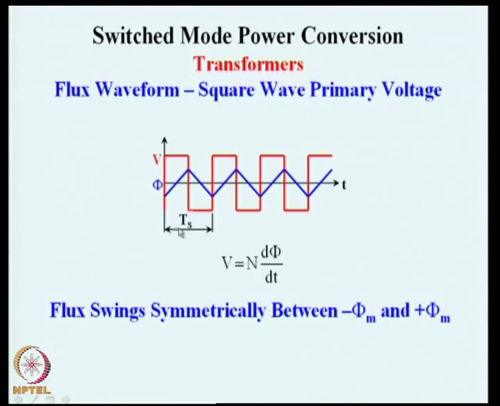And assuming symmetry in the flux, we might say that flux is swinging symmetrically between minus phi m and plus phi m under steady state. So, with a square wave excitation on the primary voltage, the flux waveform will be triangular in shape.